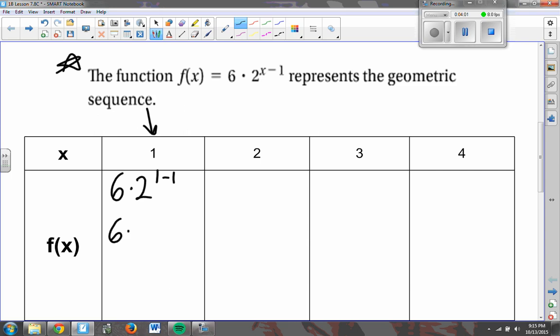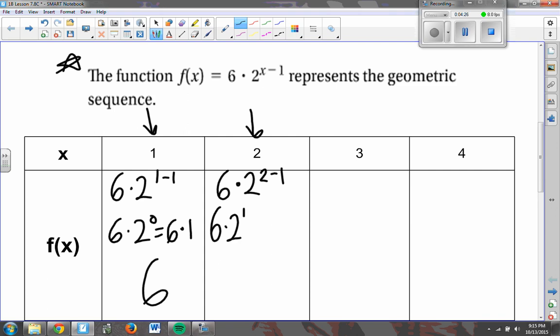So this is 6 times 2 to the 0, which is 6 times 1, which equals 6. If x equals 2, then I have 6 times 2 to the 2 minus 1 power. That means 6 times 2 to the 1 power, which just equals 6 times 2, which equals 12.